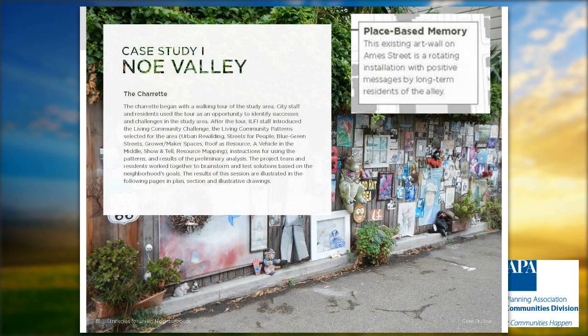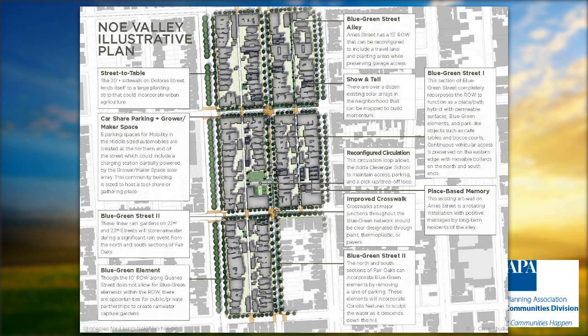And then we gathered back in one of the neighbors' studios, which was really fortunate and wonderful, and debriefed on the patterns and talked about selecting a couple that seemed to work.